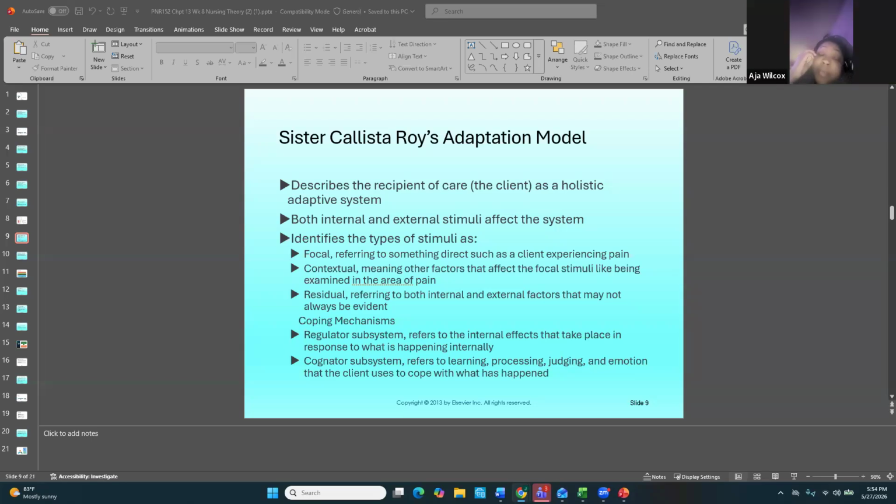Dilated pupils. Okay. What else? Does the temperature of your body change? Sometimes, not all the time. It depends on the situation. Anxiety.